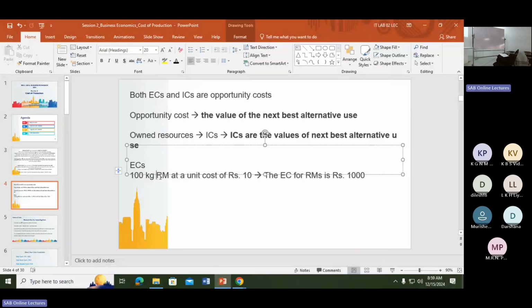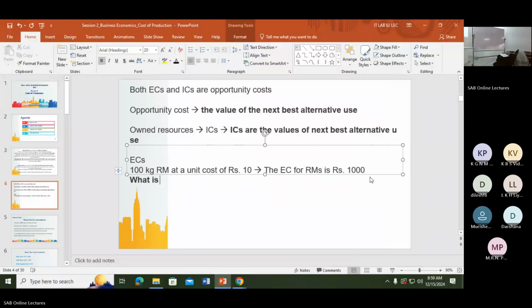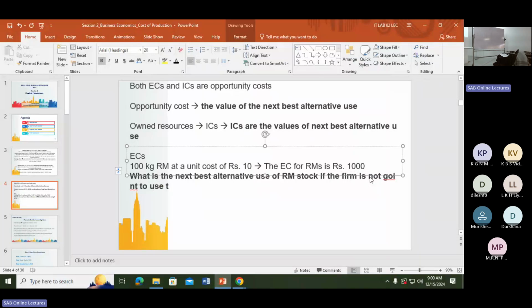If they don't use this stock of raw material in the production process, what is its next best alternative use?